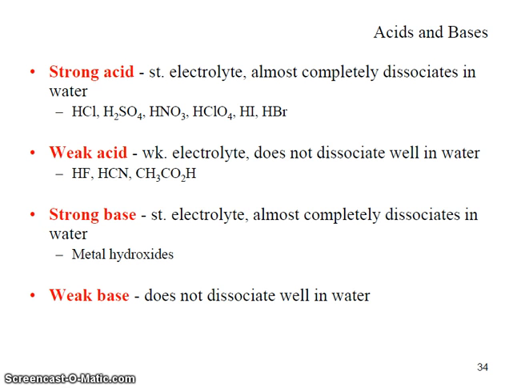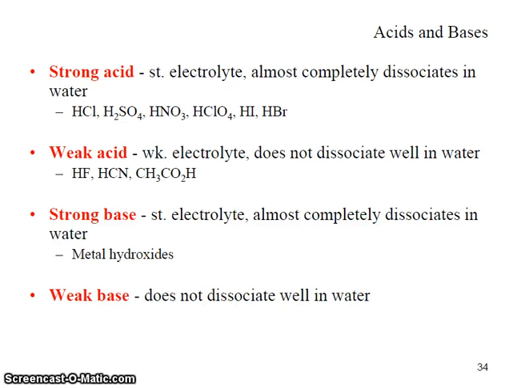All right, going forward. Acids and bases can be classified as strong acid, weak acid, strong base, or weak base depending on the extent of ionization that takes place in them. Now, a strong acid almost completely dissociates in water.